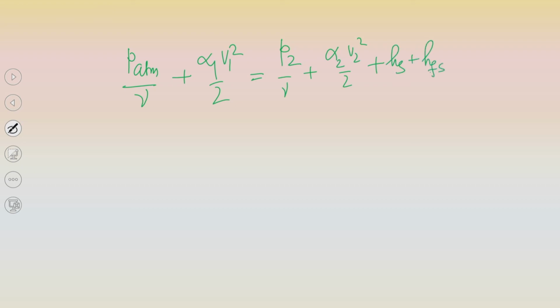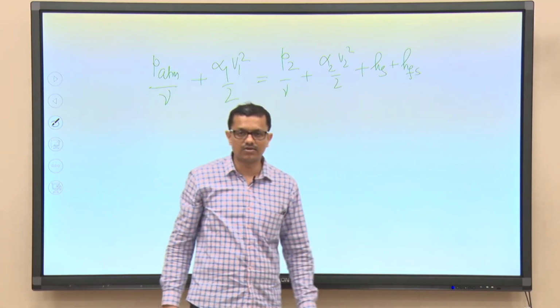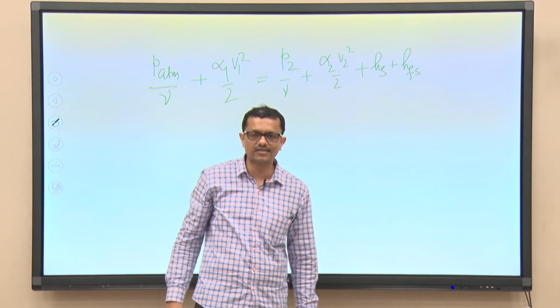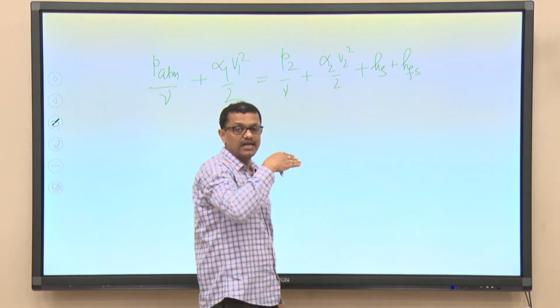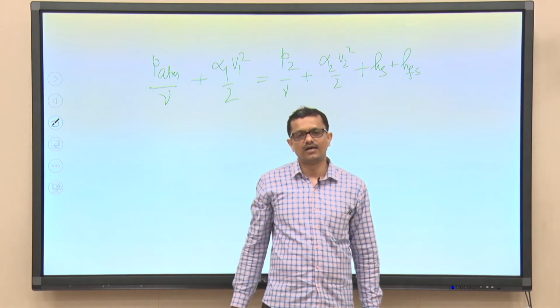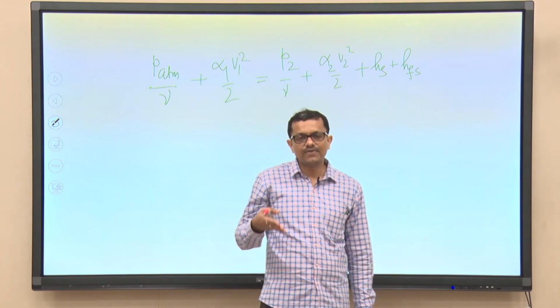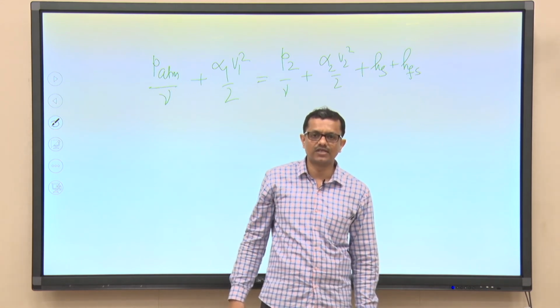So, these two kinetic energy correction factors, alpha 1 and alpha 2, are there. Definitely you can ignore the velocity V 1 because of the significantly larger cross sectional area of the tank itself, but this alpha 2 kinetic energy correction factor should be taken into account essentially to capture the effect that will arise due to the formation of eddies, vortices, etc.